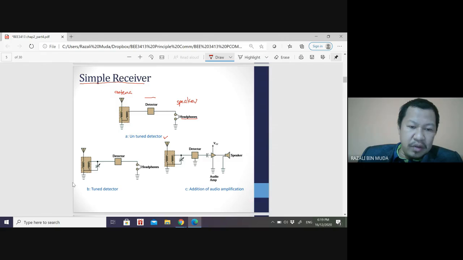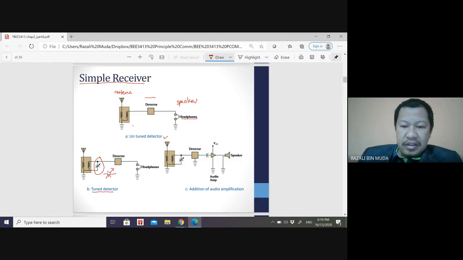The second one is the tuned detector, where the tune circuit is added. Tune normally is a tune capacitor. You connect one tune capacitor to the circuit and it becomes a tuned detector.